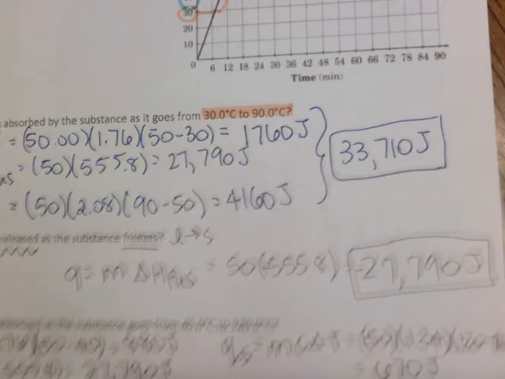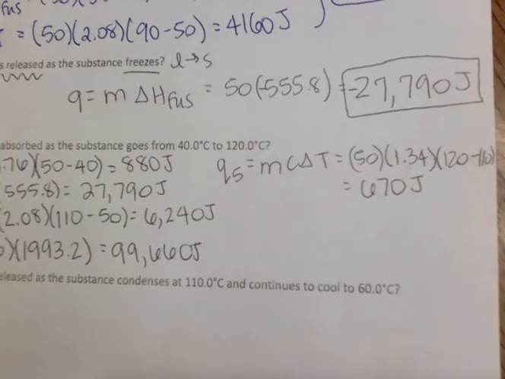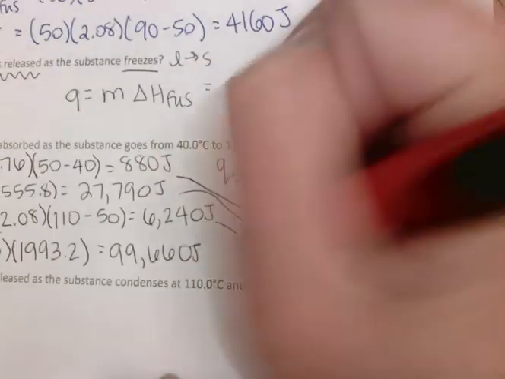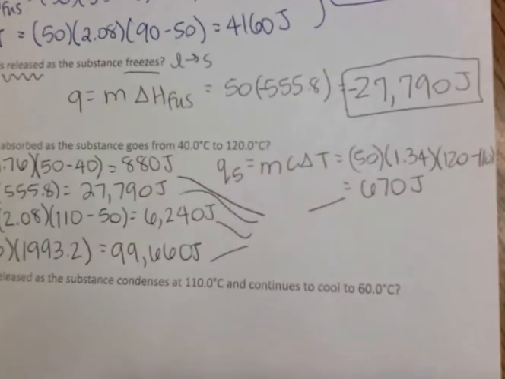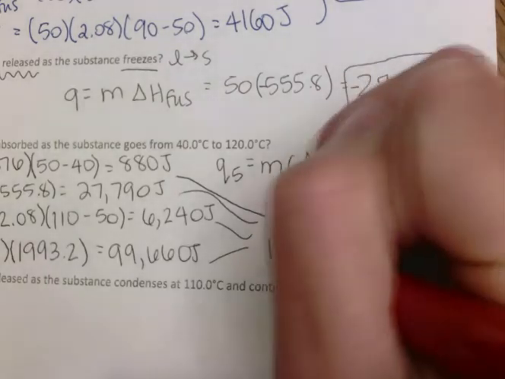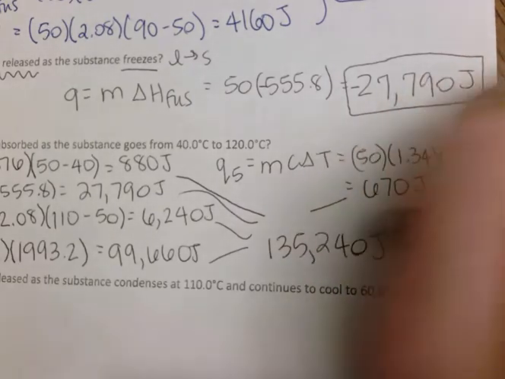Once I have all 5 of those Q values, I then add them all together, right? So when I combine all these Q's, 760 plus 99,660 plus 6,240 plus 27,790 plus 880 joules gives me 135,240 joules total.